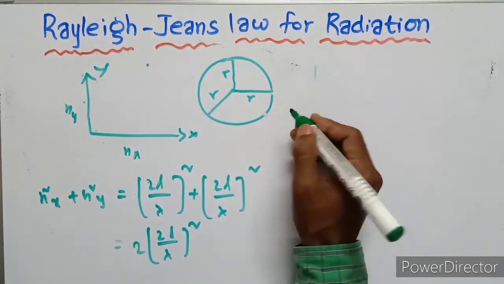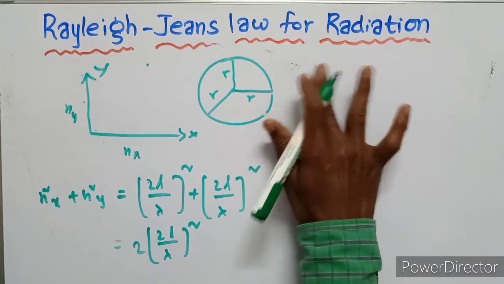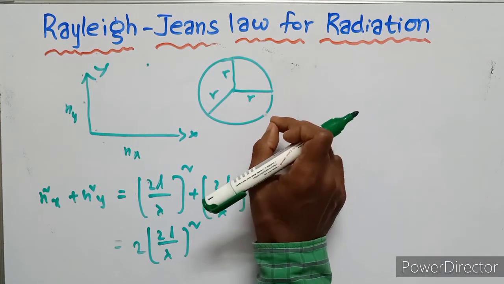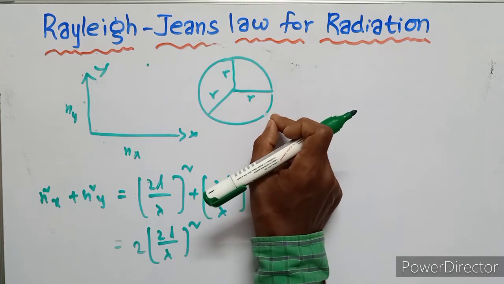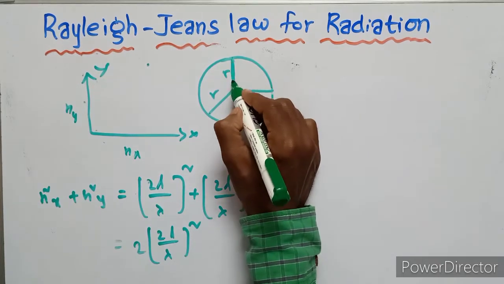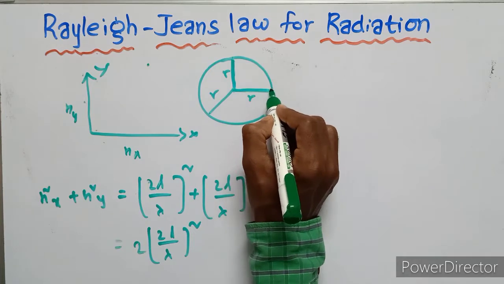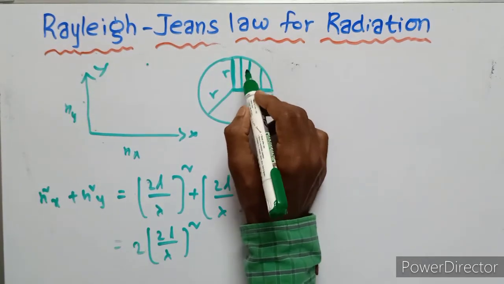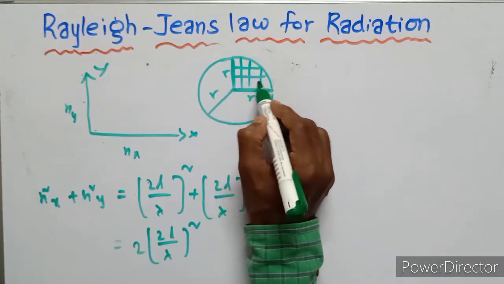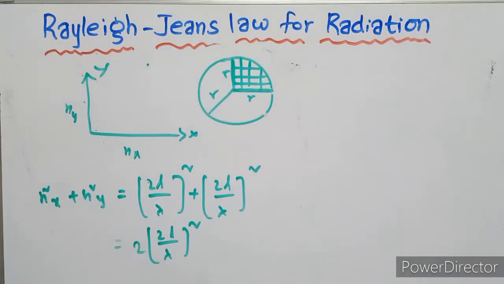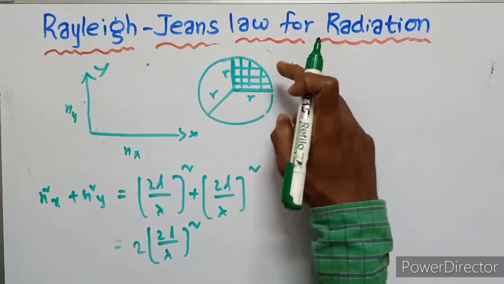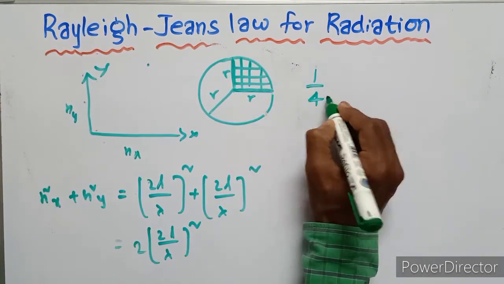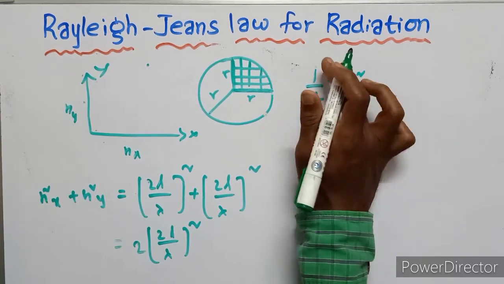This is the xy plane. The area of the quadrant is given by 1/4 of 4πr².